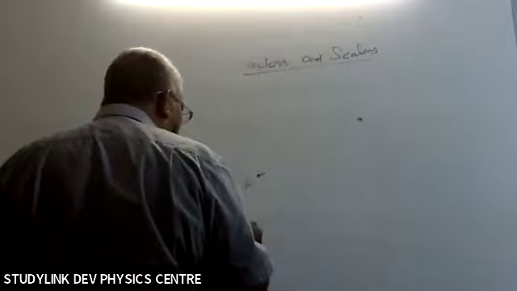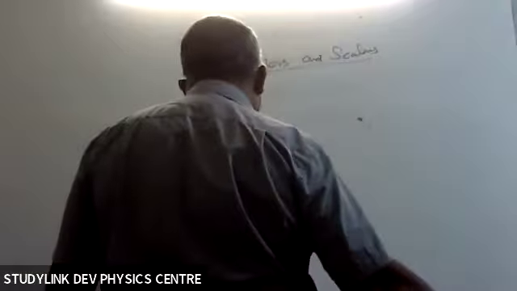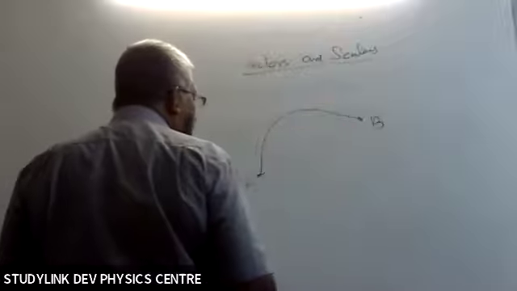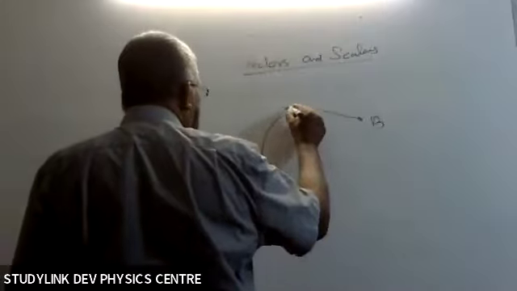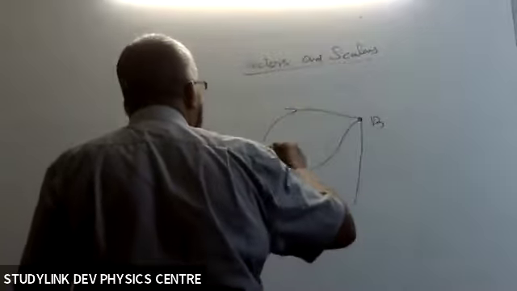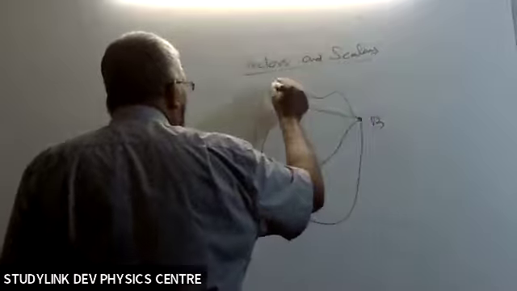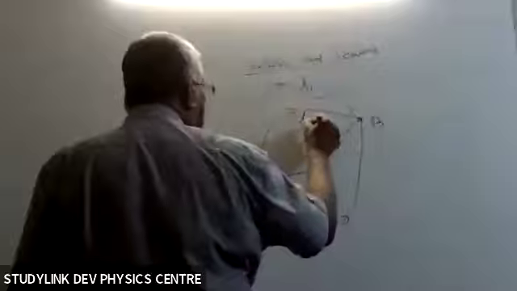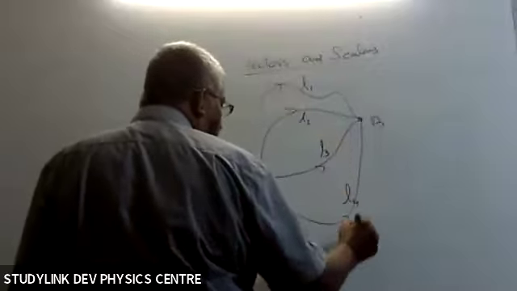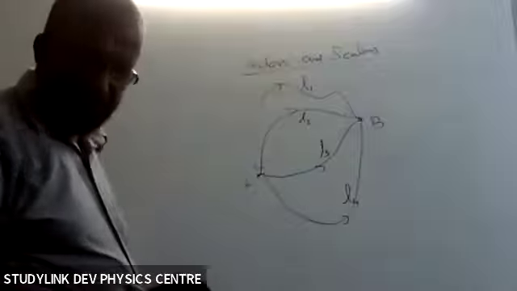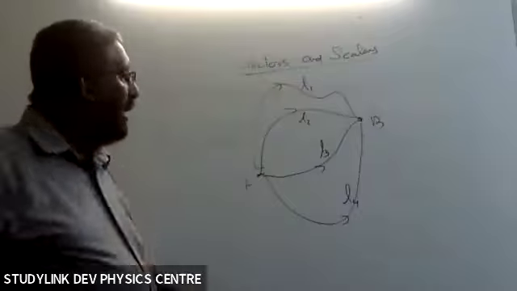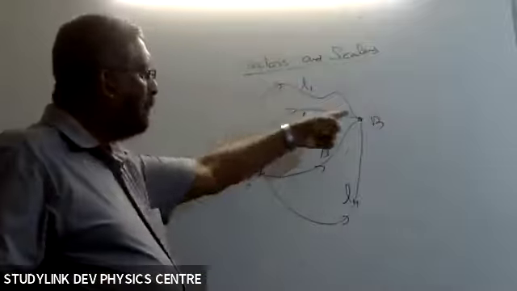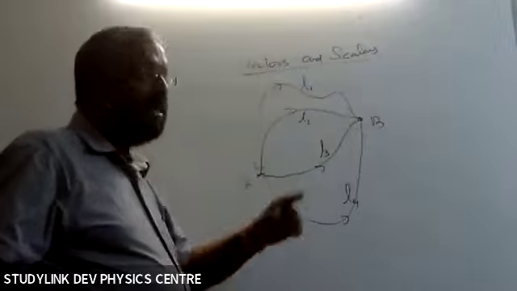But distance is if you consider any path from A to B. There are many paths, and all these paths have different lengths, L1, L2, L3, L4. The length of any path is called a distance.